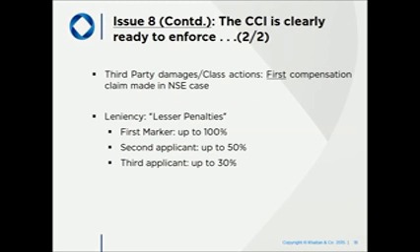Now, in continuing with our eighth issue on what you need to know about the Indian competition law regime, it is possible under the Competition Act for third parties to make claims for being aggrieved by a breach of the Competition Act. In India, they make that claim to the Competition Appellate Tribunal, or as it's referred to here, the COMPAT.